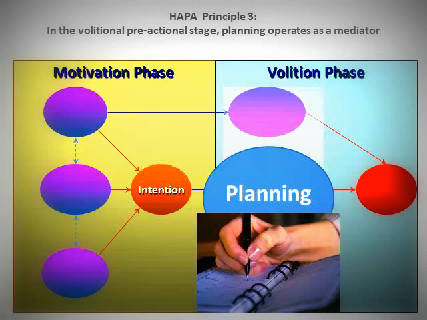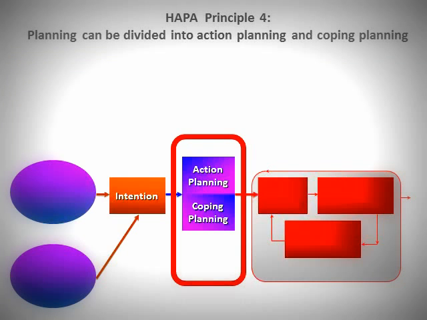Principle 3 says, planning is a key strategy at this point. Planning serves as a mediator between intentions and behavior. However, planning is not simply what is referred to in everyday language. Planning is an umbrella term for more refined psychological constructs.